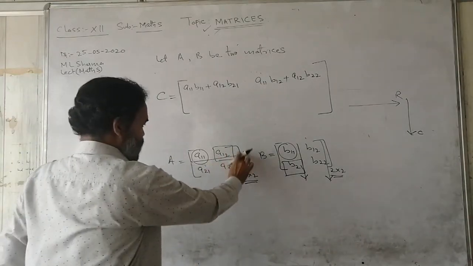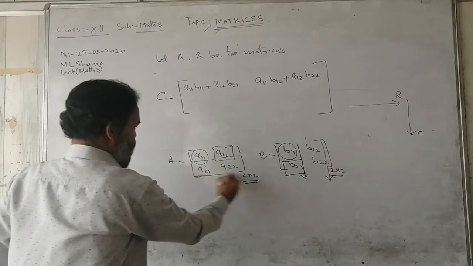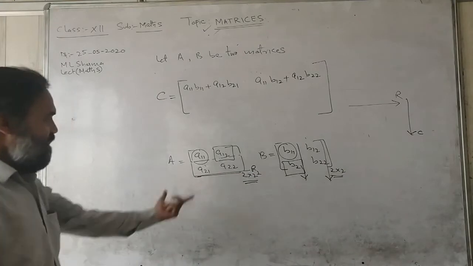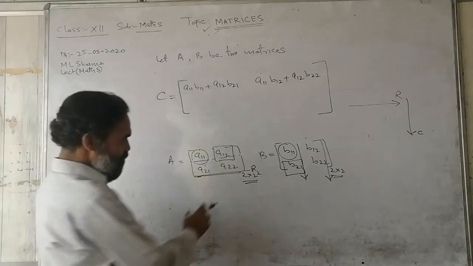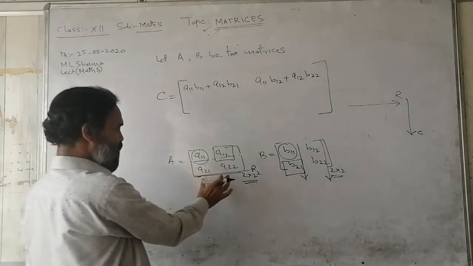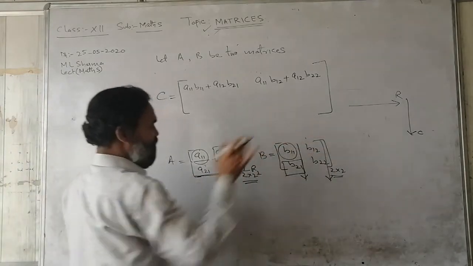So after first row multiplication, let us take this R2. The elements of R2 are to be multiplied by column first, and then the elements of row R2 are to be multiplied by column C2.